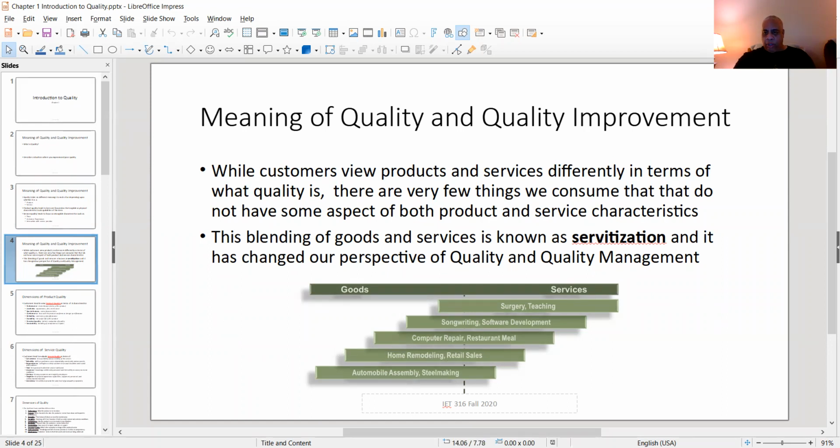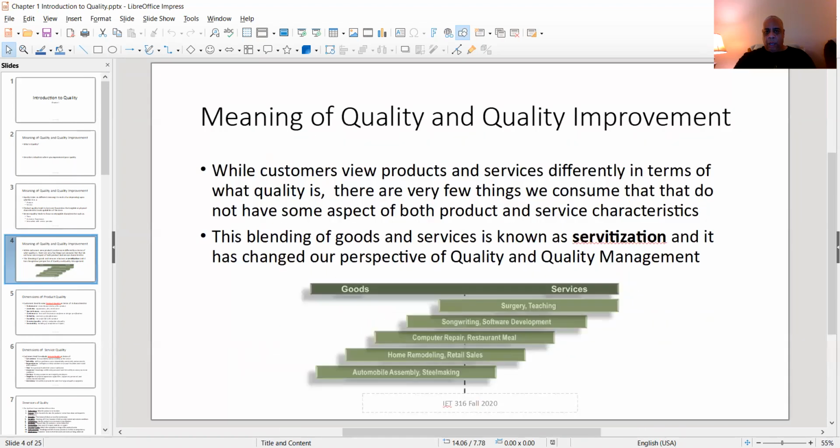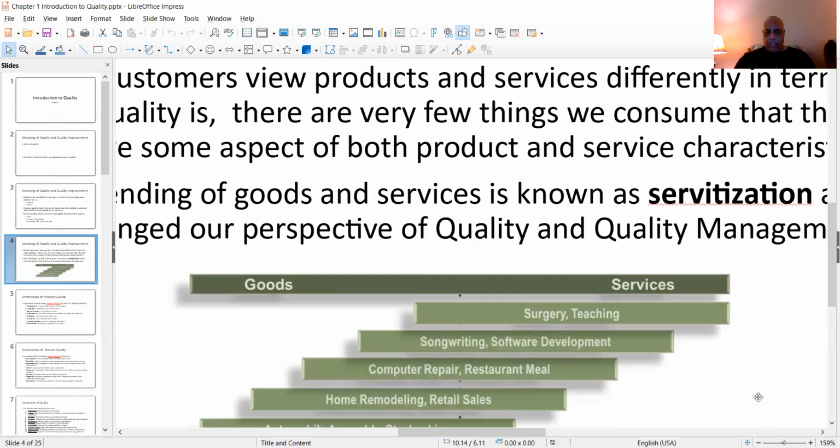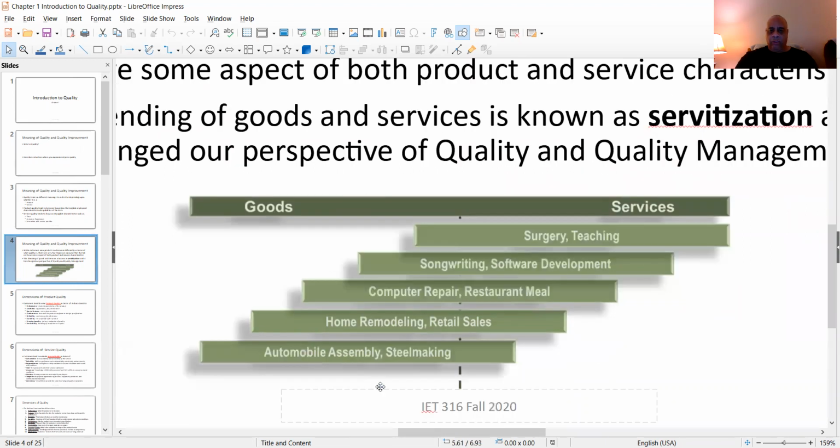Now, I don't know if you can see it or not. Let me open up this PowerPoint a little bit. So when we break everything down, you have your goods, you have your services. Under services, you have your surgery, teaching, songwriting, software development, computer repair, restaurant meal, home modeling, retail sales, automobile assembly, steel making.